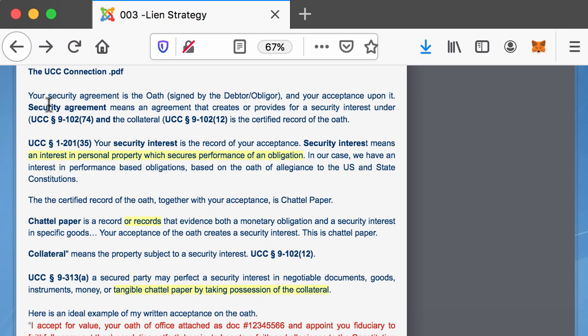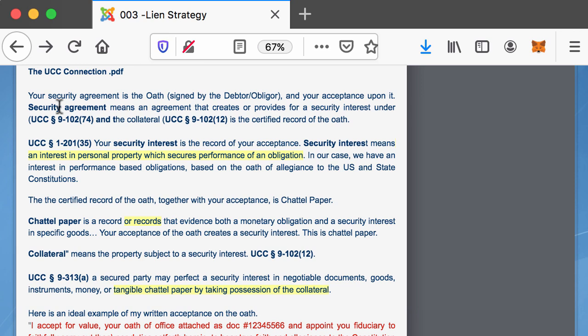So if you ever found yourself in a position to collect, you're going to have a security agreement. Your security agreement is the oath of office. As a record, it's signed by the debtor or the obligor. And when you look up what a security agreement is in the Uniform Commercial Code under UCC Article 9-102, Section 74, it's going to tell you that it's a certified record signed by the debtor, and it's an agreement, and it's also a contract.